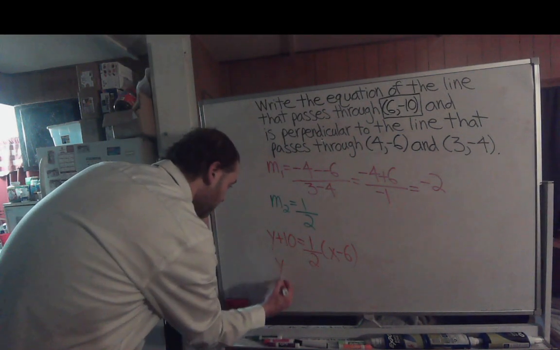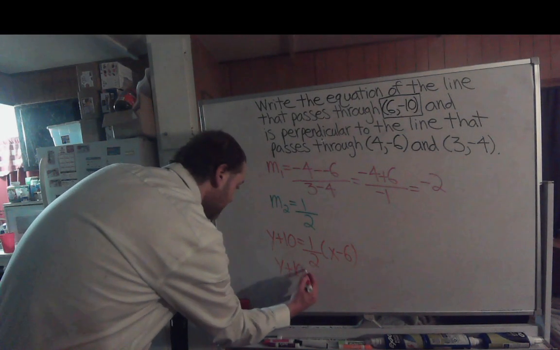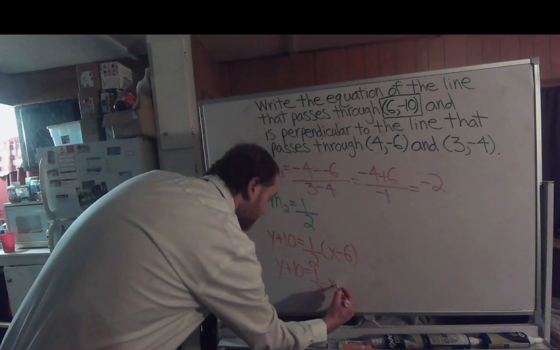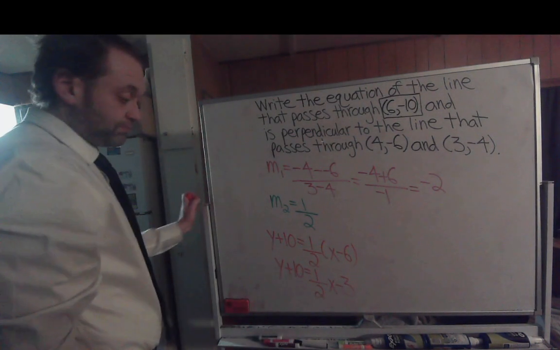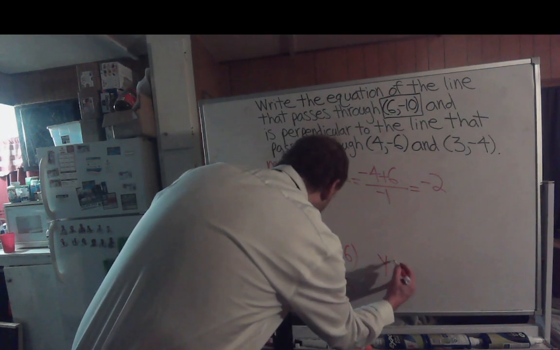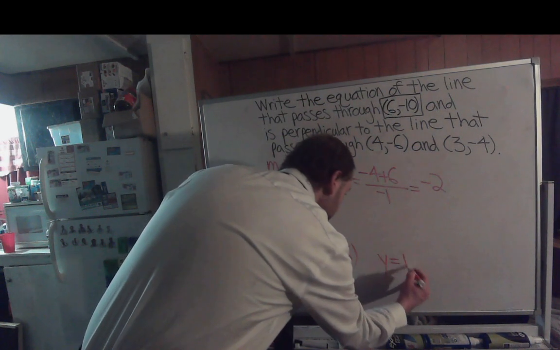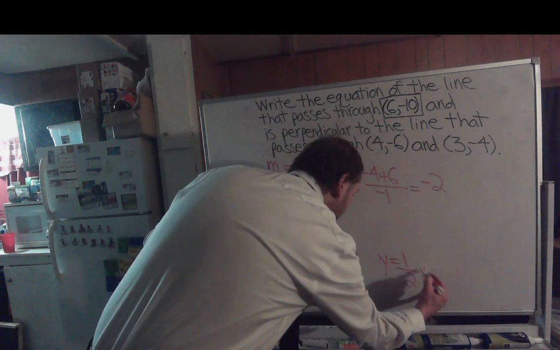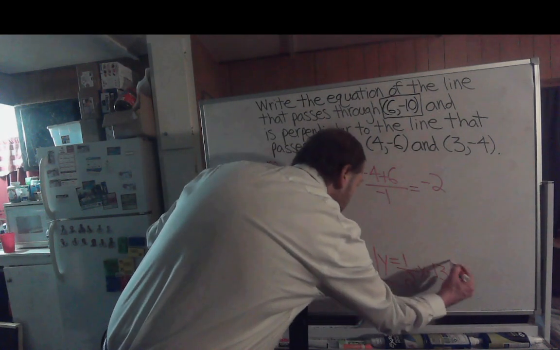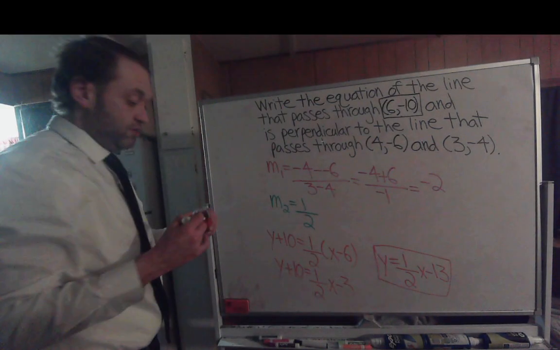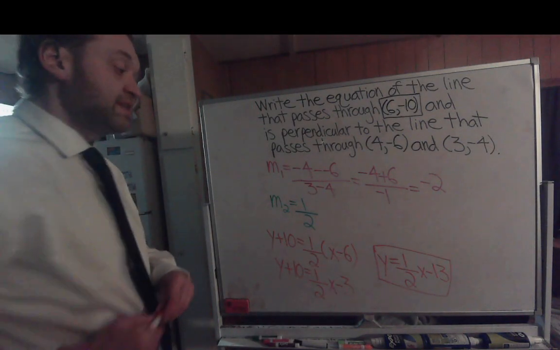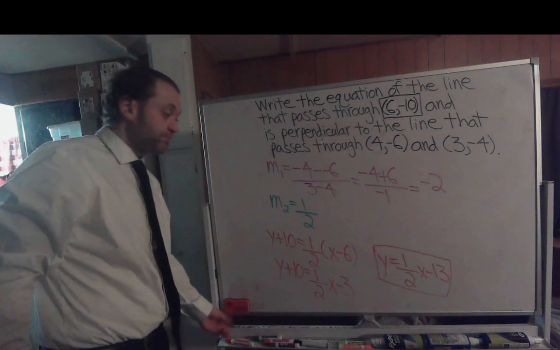That gives you y plus 10 equals 1/2 x minus 3, which finally gives you the equation of the line: y equals 1/2 x minus 13. So the equation of the line you're looking for is y equals 1/2 x minus 13.